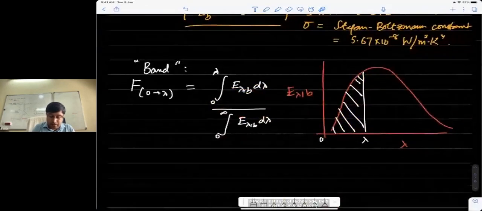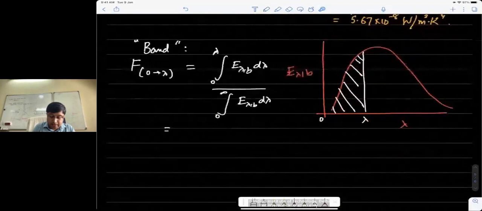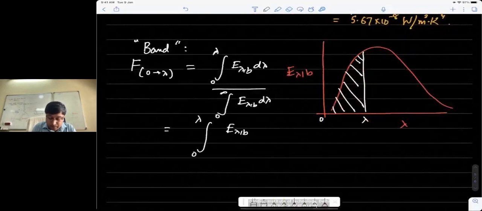So I can write this integral in a slightly different way. Sigma T to the power 4 would be in the denominator, which I'm going to pull out, and write this as the integral from 0 to lambda of E lambda b over sigma T to the power 5, times d lambda T, because temperature is constant.